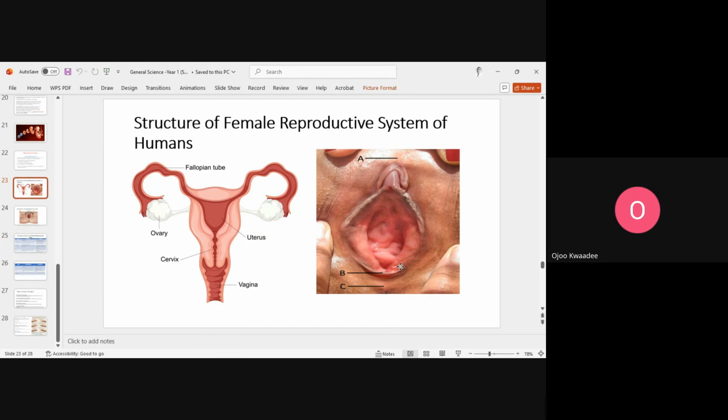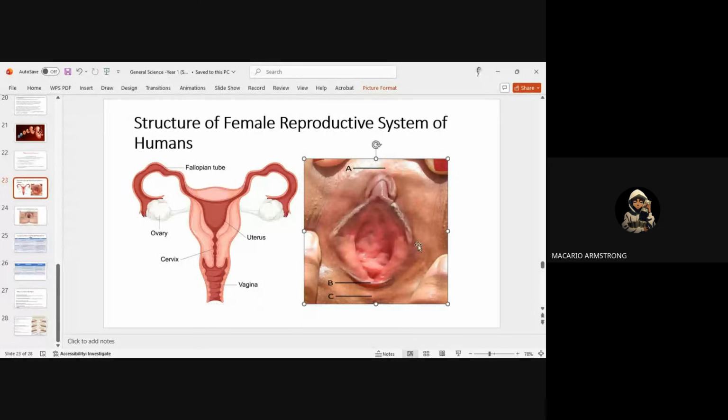Sir, is it measured in inches or centimeters? Measure your own. So that one we don't have a static measurement for. It depends on the individual. It's a flexible tube.